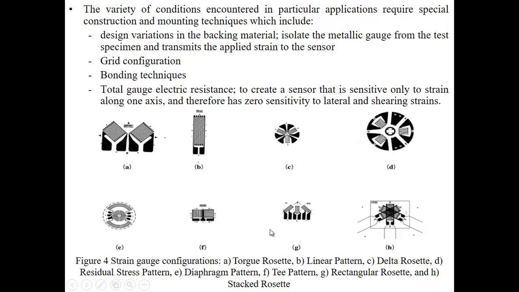This is the diaphragm. This is the T, rectangular, and H is the stack rosette, and this is also quite a famous position or configuration of the strain gauge for measuring the strain in the component. The third one is the bonding technique.